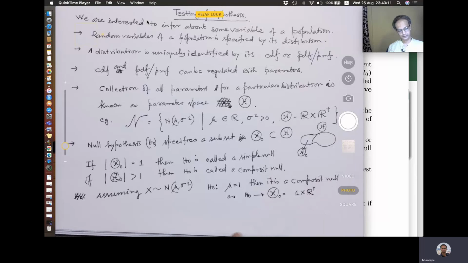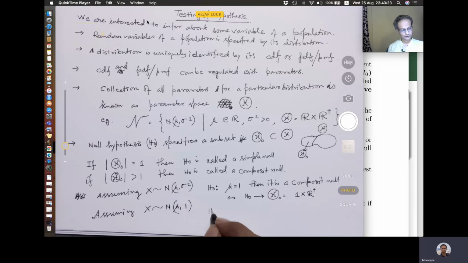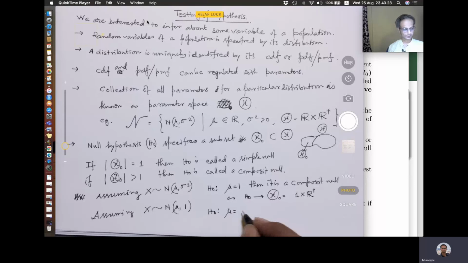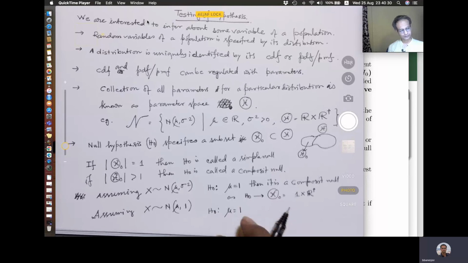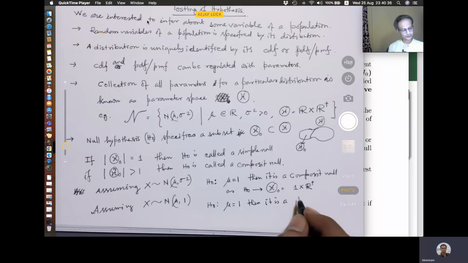But assuming X is following normal mu, say 1, and H naught is claiming mu equals to, say, 1 again, then it is a simple one.